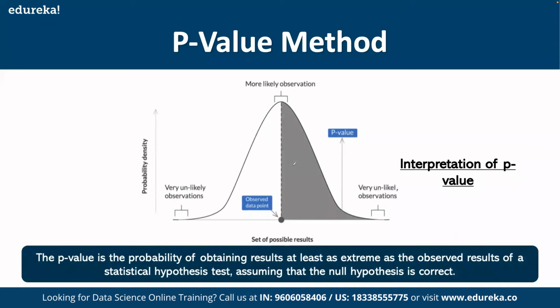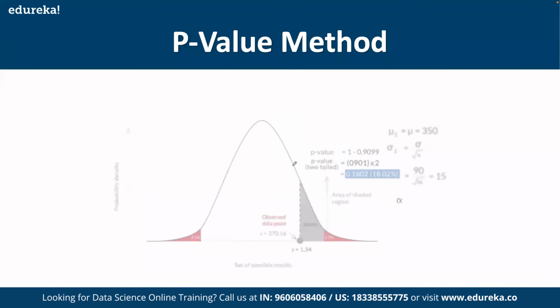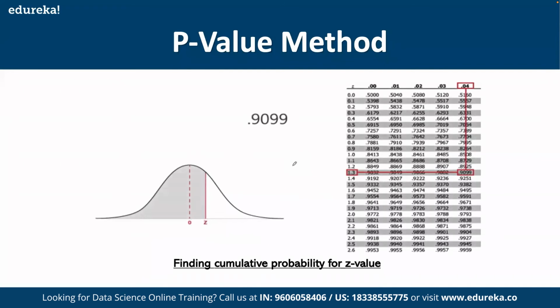This p-value describes the probability of obtaining a result at least as extreme as the observed result of a statistical hypothesis test, assuming that my null hypothesis is true. With this, we'll get the value of p, and on the basis of it, we interpret whether it follows the null hypothesis or the alternate hypothesis.